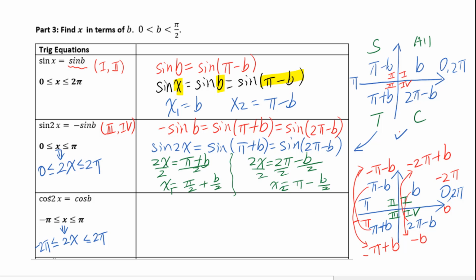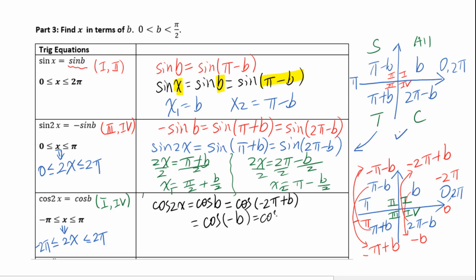For cosine 2x equals cosine b, go to the first and then the fourth quadrant. So you have cosine 2x equals cosine b equals cosine negative 2 pi plus b equals cosine negative b equals cosine 2 pi minus b.